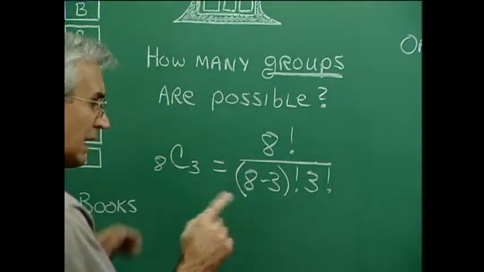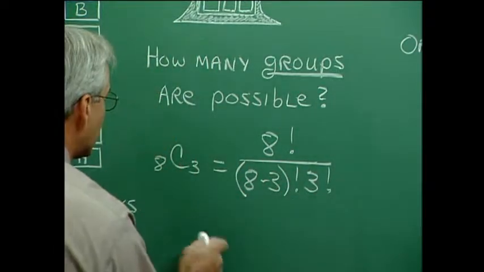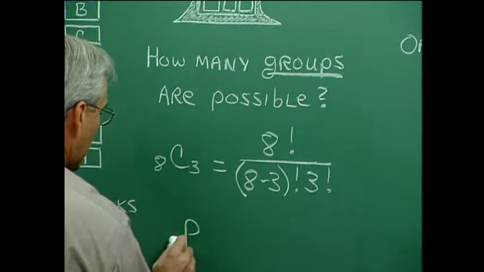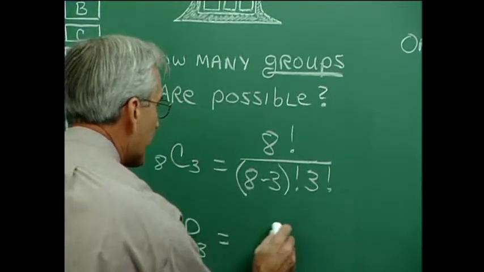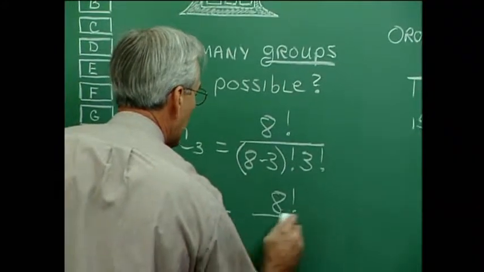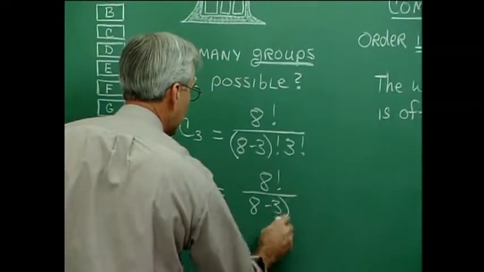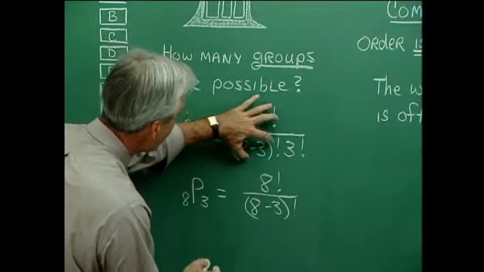Now, let's contrast this with the permutation formula. I just want to illustrate something to you here about the difference between these two. For the permutation formula, it would be 8 factorial over 8 minus 3 factorial. You see, they're the same in this part.